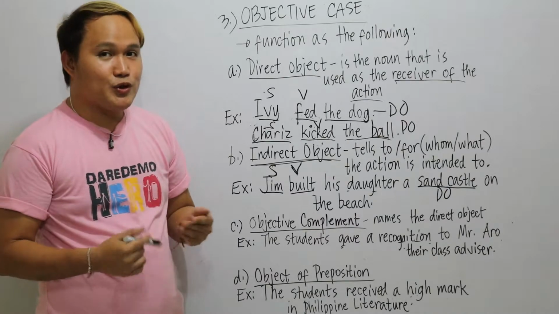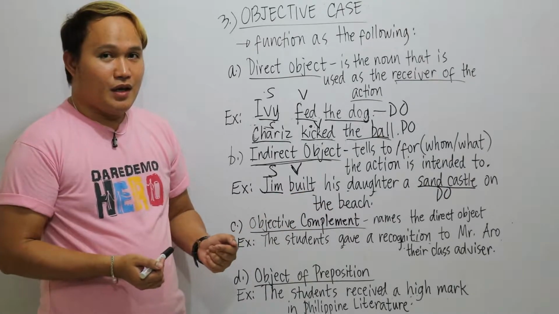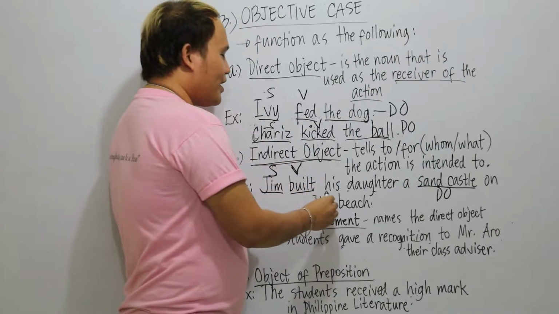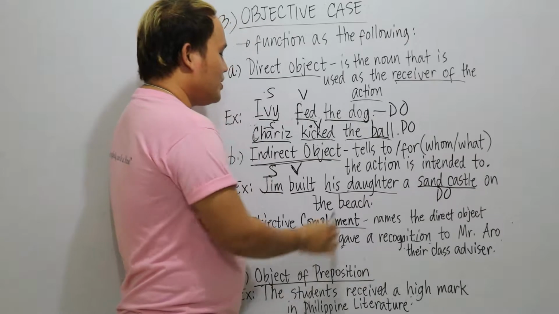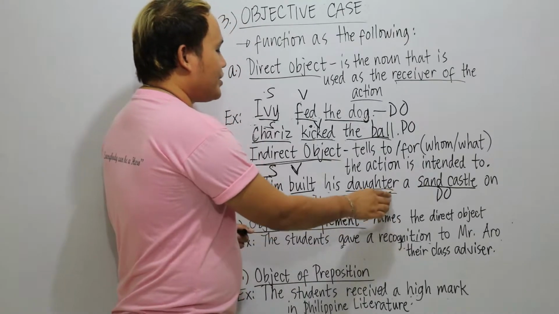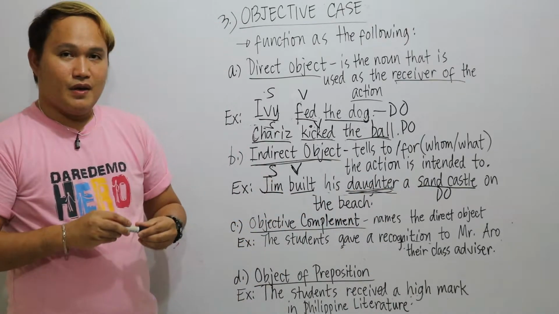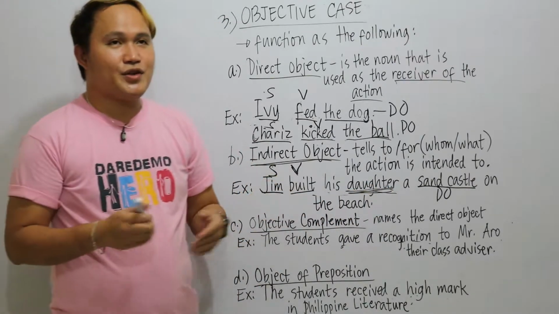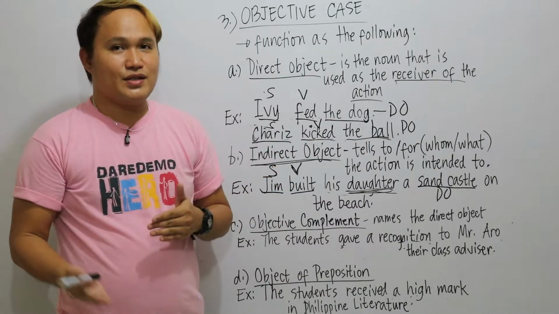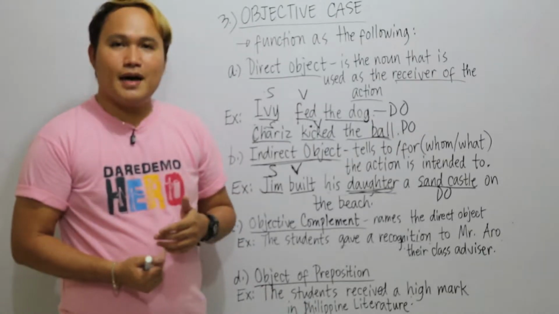For whom or to whom is that sandcastle? The answer is: it is for his daughter. So the daughter here is our indirect object. Indirect object answers the question for whom or to whom the action is intended. I hope you got me there.